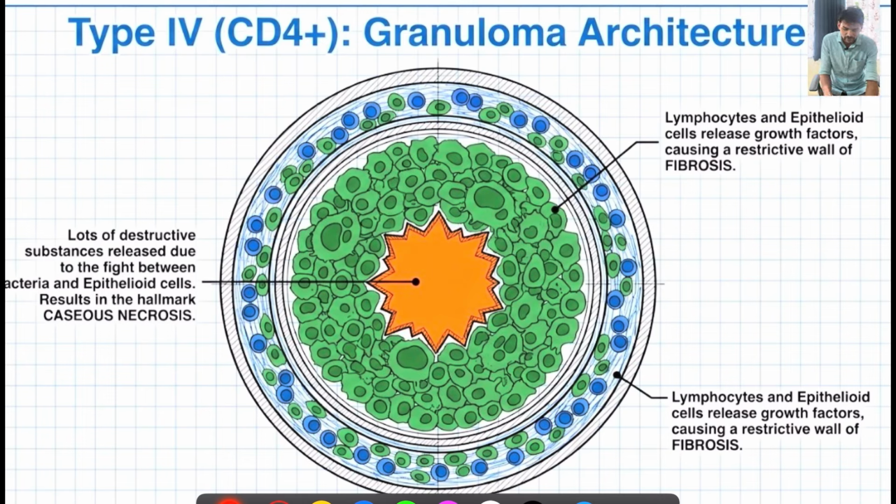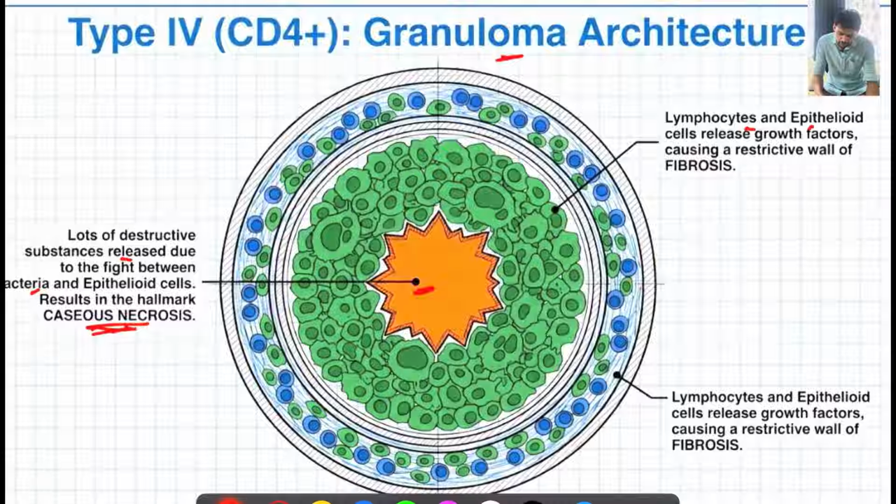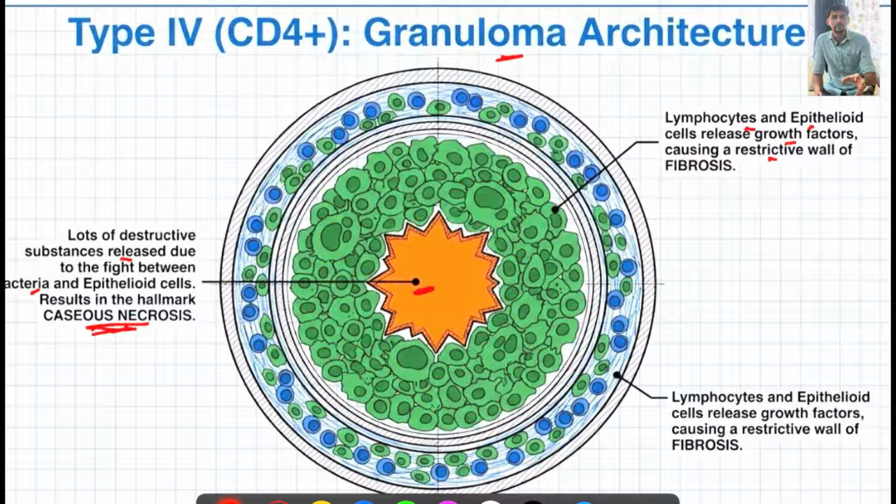But there will be formation of granuloma. What is granuloma? There will be central caseous necrosis, which is the hallmark of granulomatous inflammation. Lots of destructive substances are released due to the fight between the antigen and the epithelioid cells, which are nothing but modified macrophages and monocytes. It is surrounded by lymphocytes and epithelioid cells releasing growth factors, causing a restrictive wall of fibrosis in the surrounding.